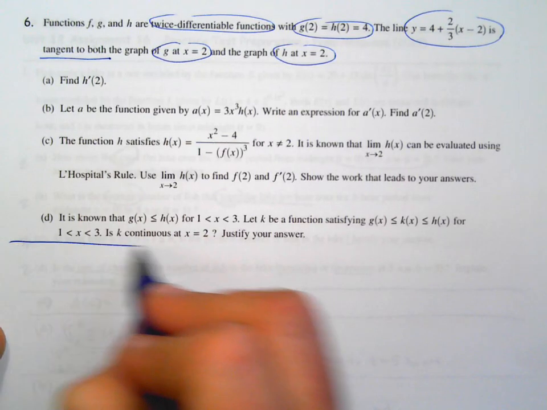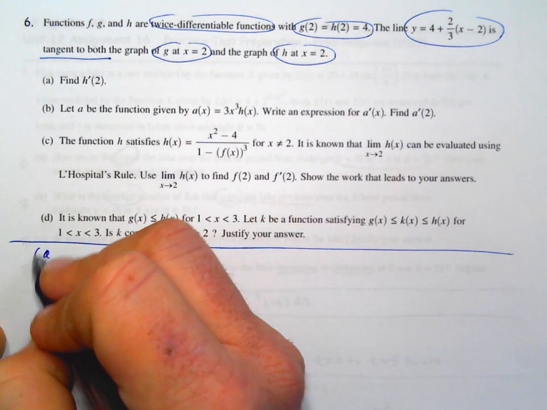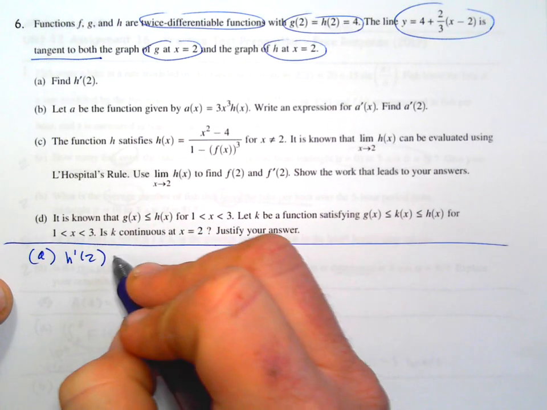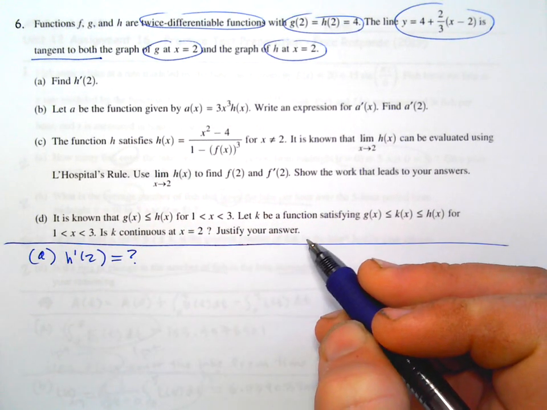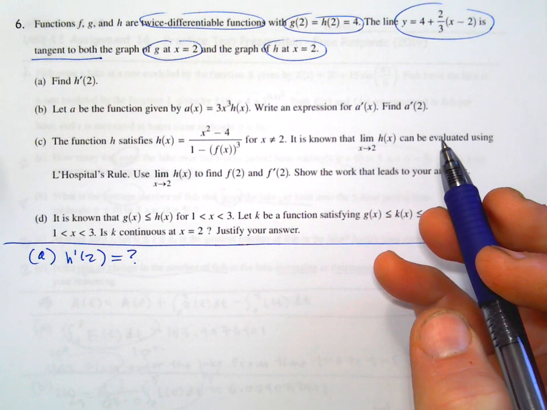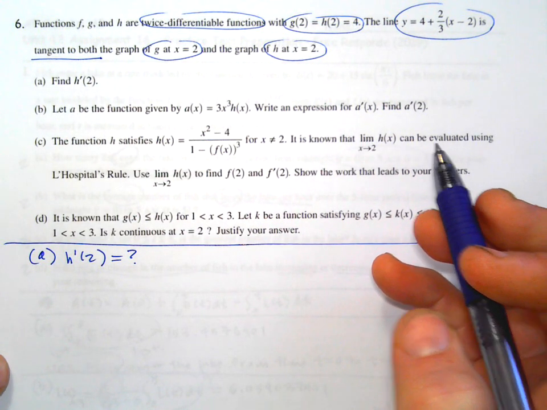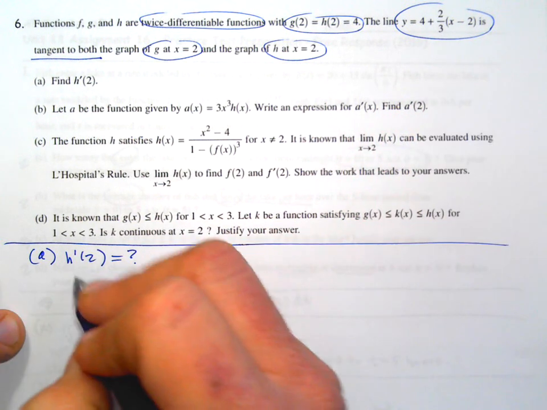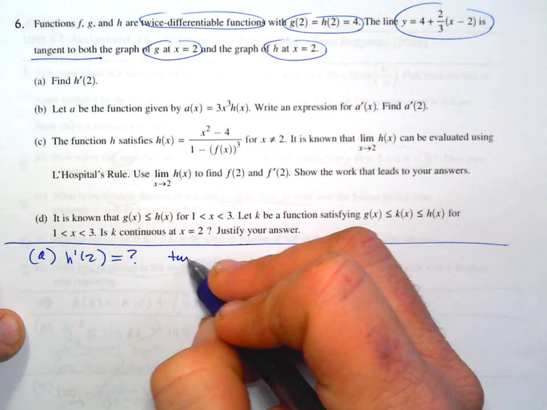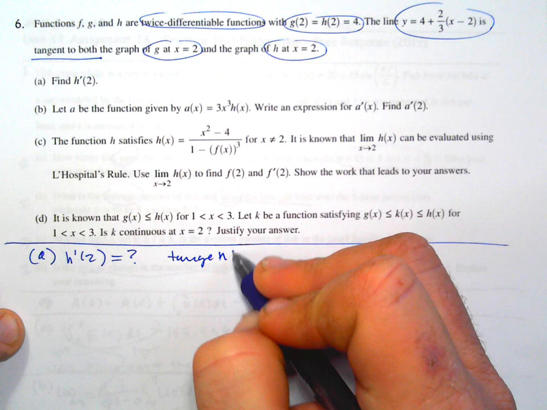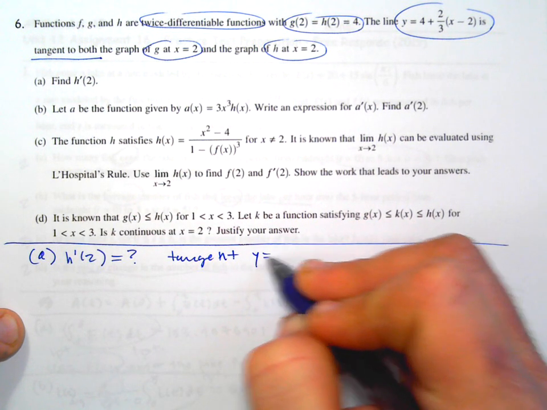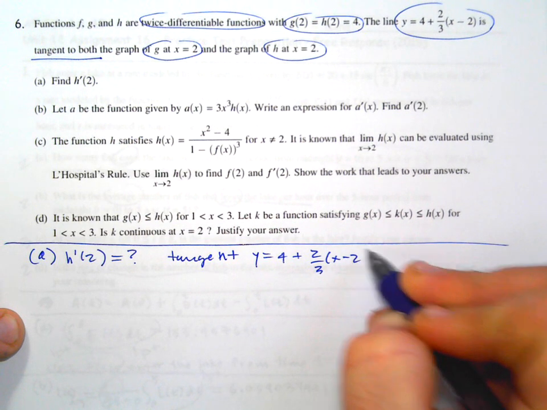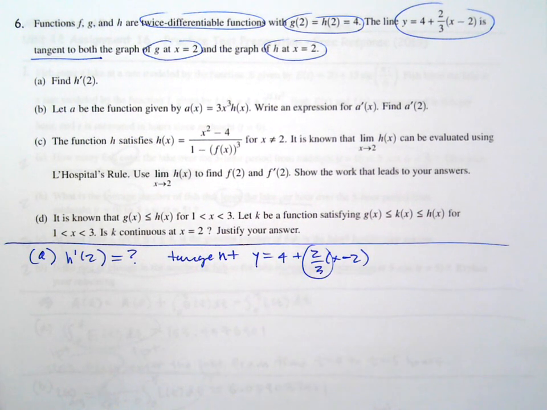So let's see, find h prime of 2. Well, we don't have function h, but we do know the tangent line there, right? So the slope of the tangent line will be the slope of our graph. The tangent line is y equals 4 plus 2/3 (x minus 2). And that's the slope of the tangent line, right?